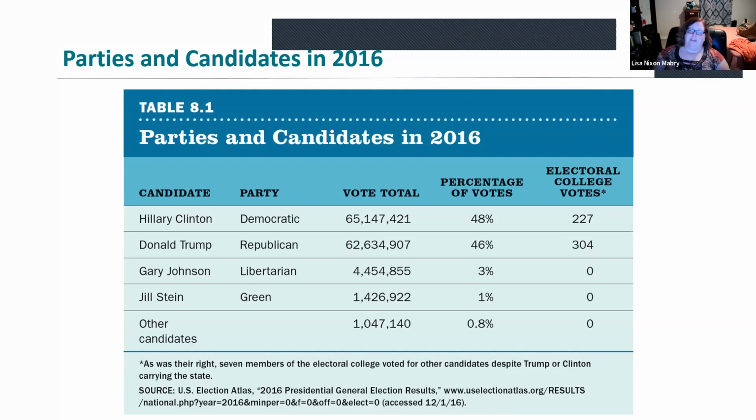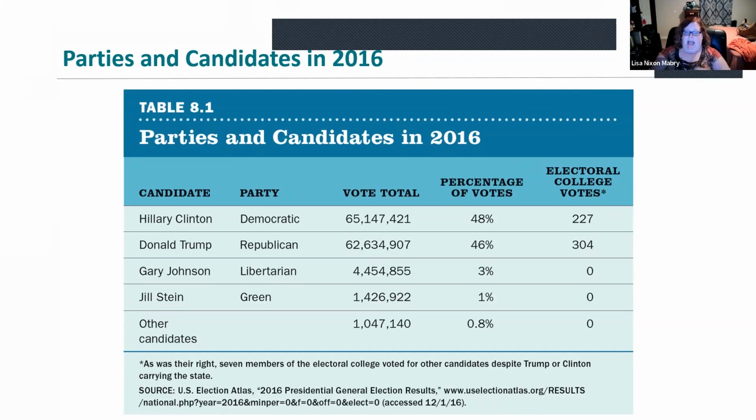And then Donald Trump obviously was the Republican candidate. He got 46% of the votes with 304 Electoral College votes, which won him the presidency. Now, you look here, Gary Johnson was a Libertarian. So that's a very conservative person, very small government, get it out of the way.